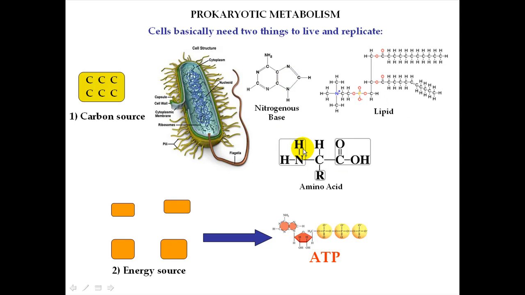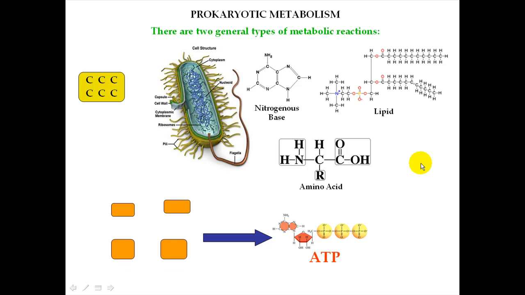The building type of reaction is referred to as an anabolic reaction. Another term for an anabolic reaction is a biosynthetic reaction, but they both mean the same thing. It just means building something.